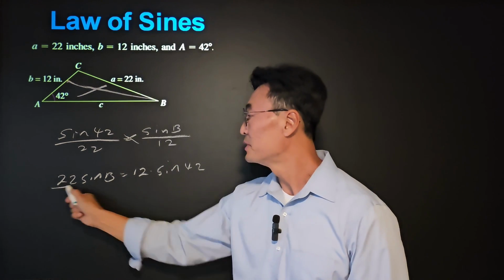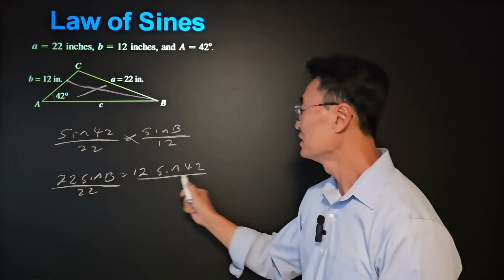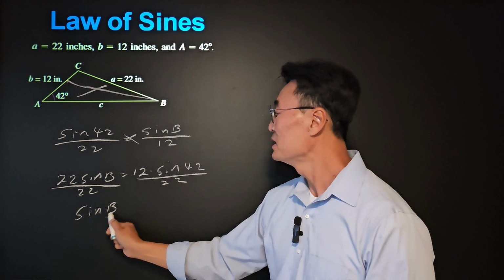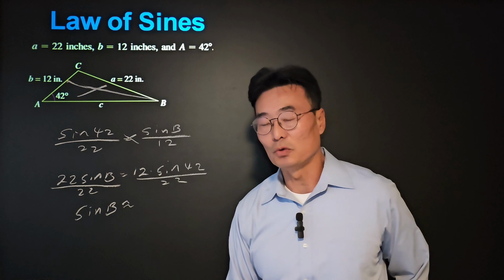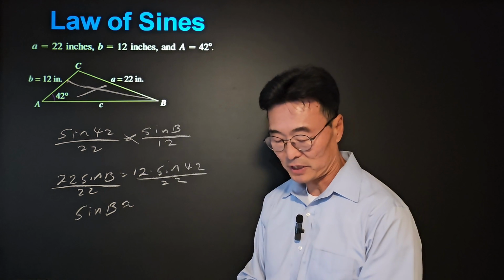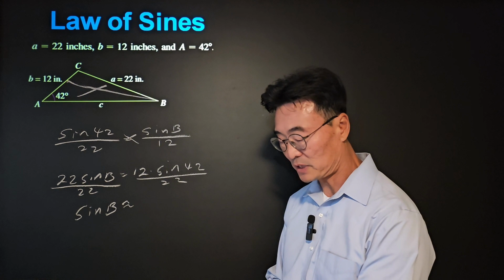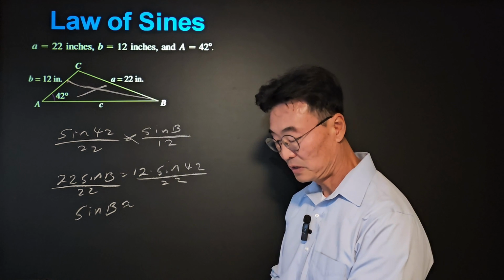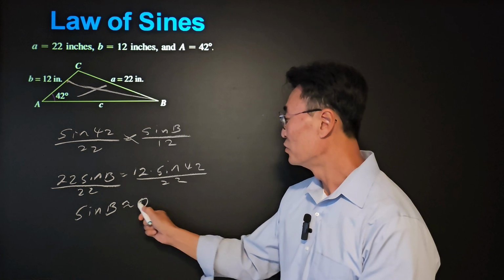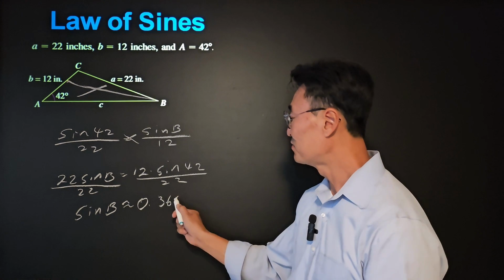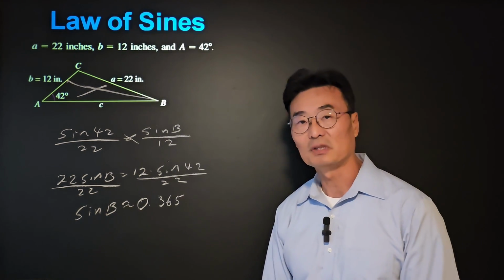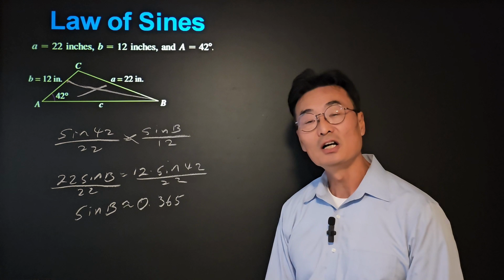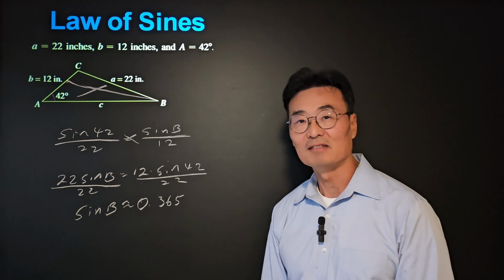And to solve for sine of B, we'll go ahead and divide left and the right side by 22, where sine of B will approximately equal, I'm going to do that on the calculator, 12 times sine of 42 over 22, and that equals 0.365, again rounded to 3 decimal places. Since the sine of angle B is less than 1, we know that this triangle does exist.